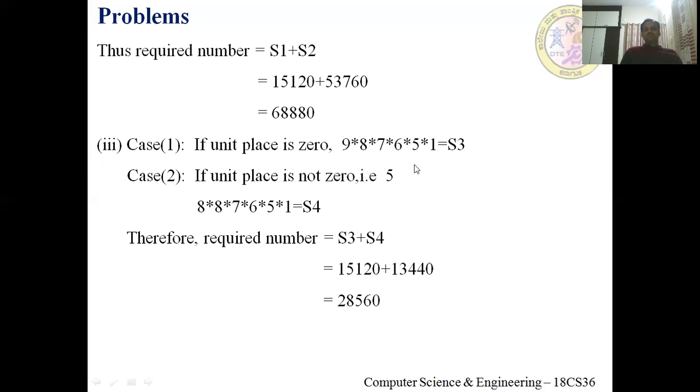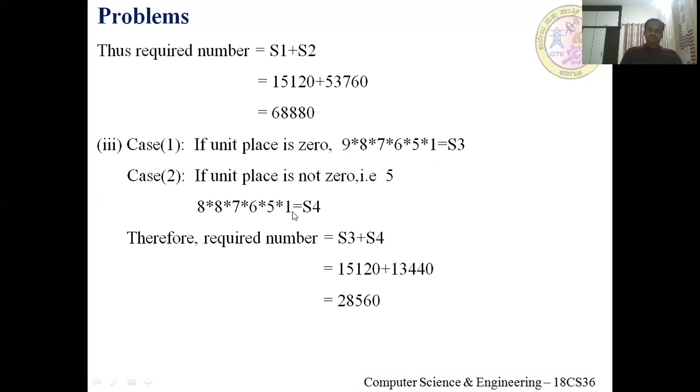Suppose the unit place is not 0. That means suppose the unit place is exactly 5. Then this can be done in how many ways? The 5 ways. Since one of the digits, 5, is fixed here from 0 to 9, probably we have 10 digits.